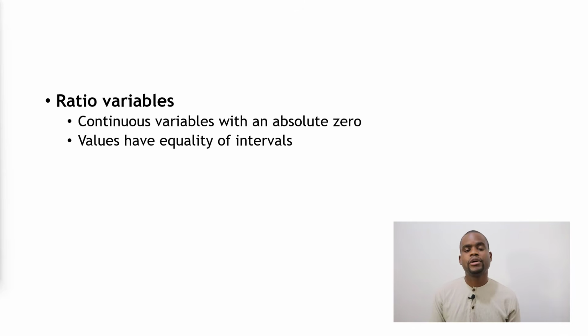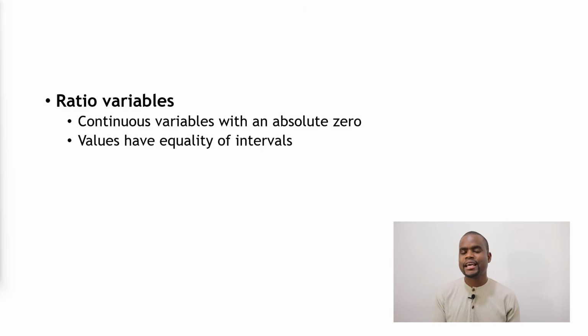There are certain values where you don't have equality of intervals. I'll give an example for ordinal variables. Ordinal variables don't have equality of intervals. So if you say your level of satisfaction is, say, you have numbers like 1 and 3. Someone who says they are satisfied at number 3 and someone who says they're satisfied at number 2, if you subtract that, you have an interval of 1.